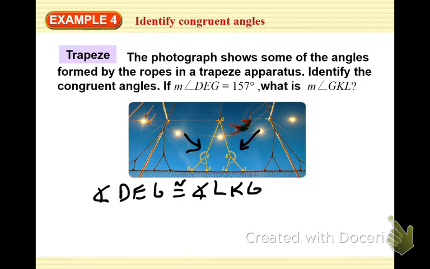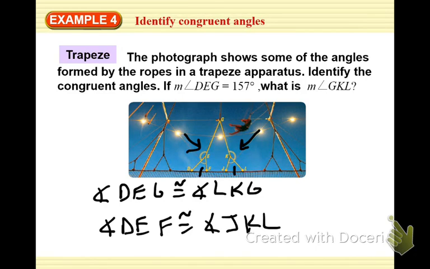And we also see here that those two angles are congruent. So angle DEF is congruent to angle JKL. And so we move on to the second part.